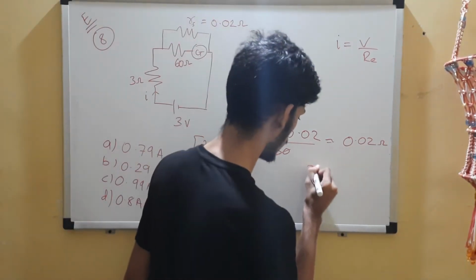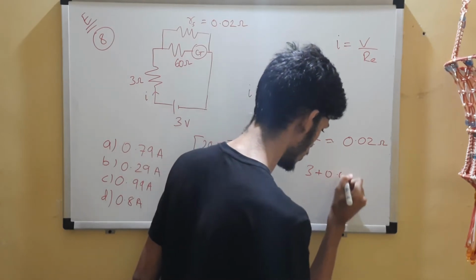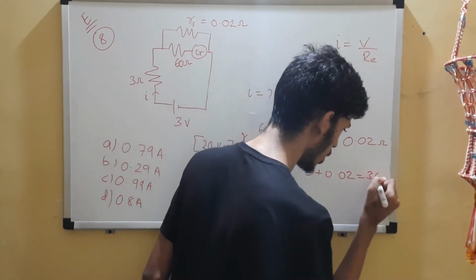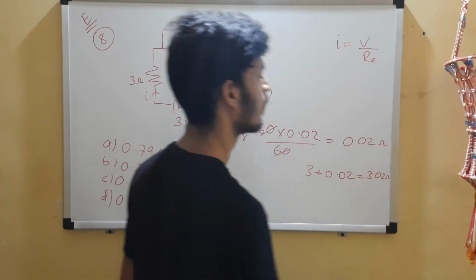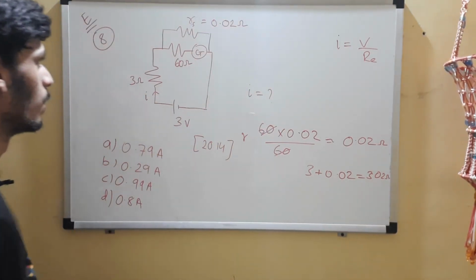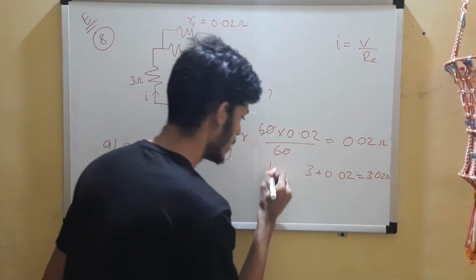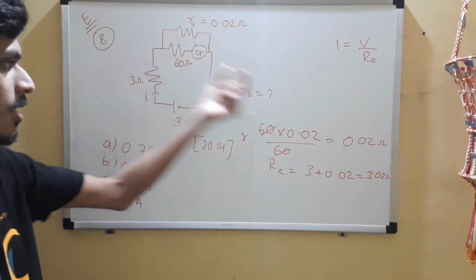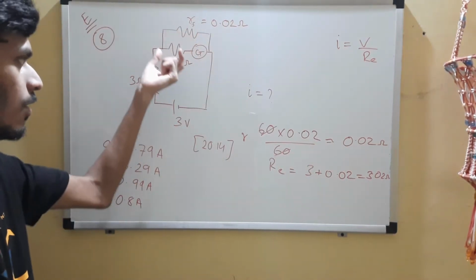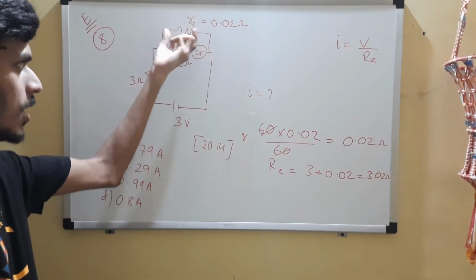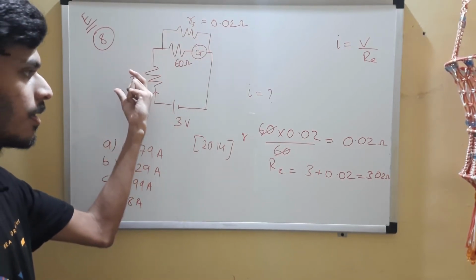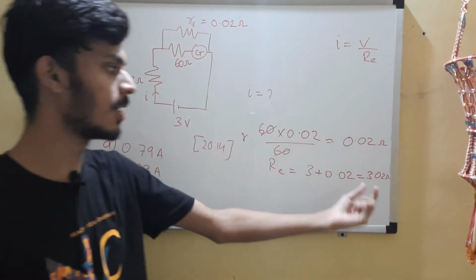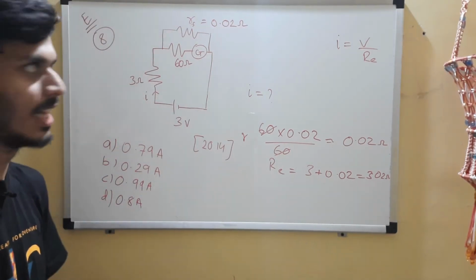So 3 plus 0.02, that will be 3.02 ohms. This 0.02 is the equivalent of these two, and then finally 0.02 plus 3 gives you 3.02, that is the equivalent resistance over here.